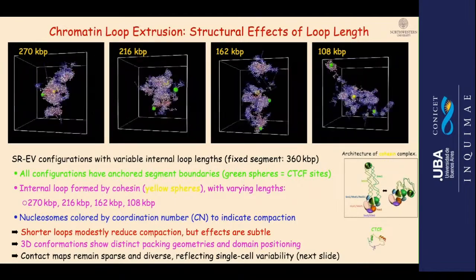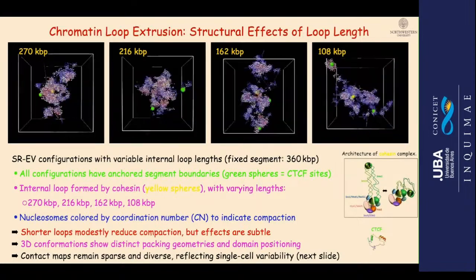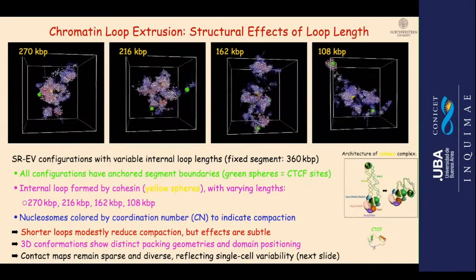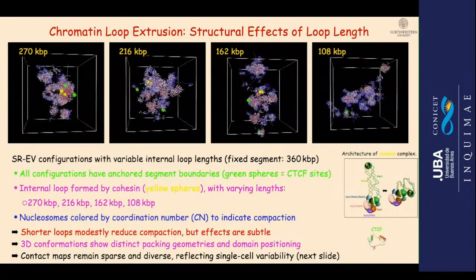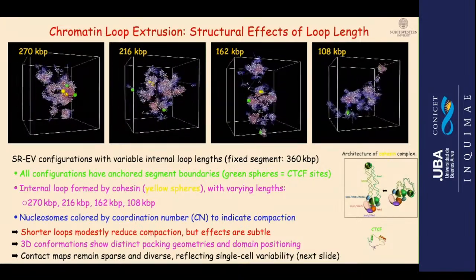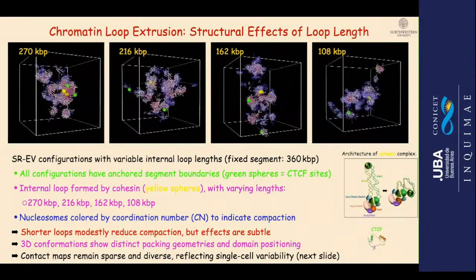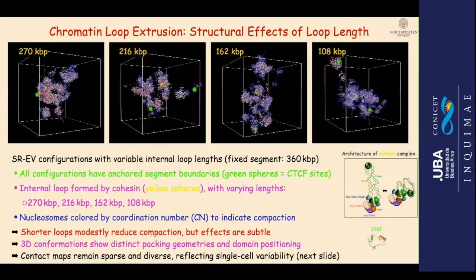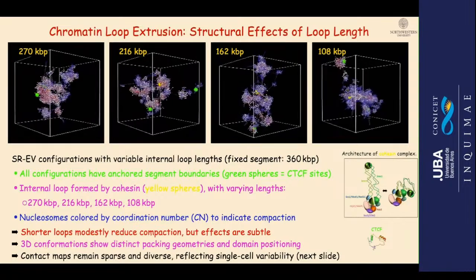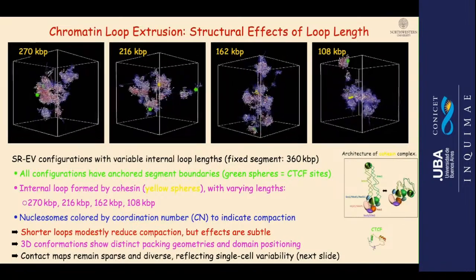As we reduce the loop length, we observe only a modest effect of compaction. The structure still exhibits a high degree of variability, both in geometry and in how the domains are arranged.